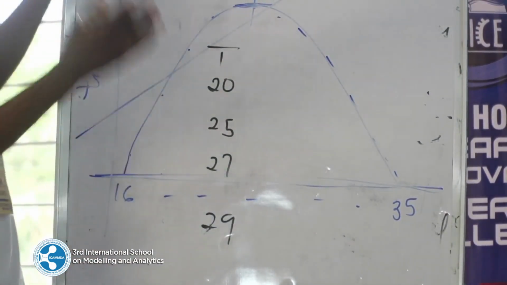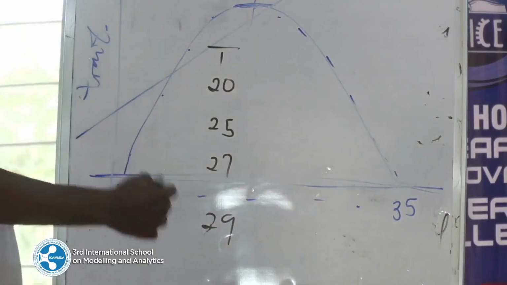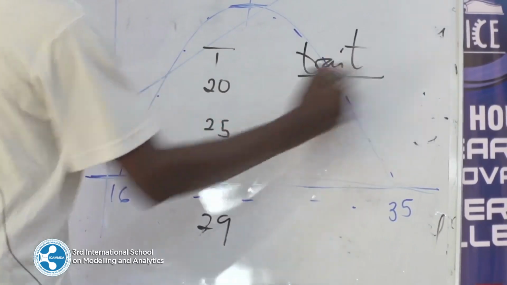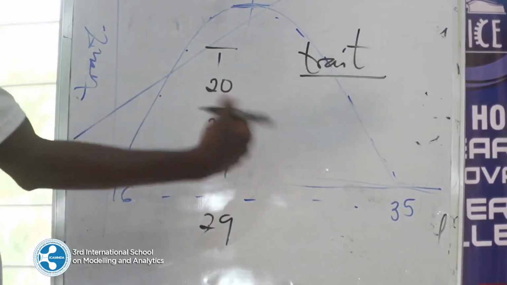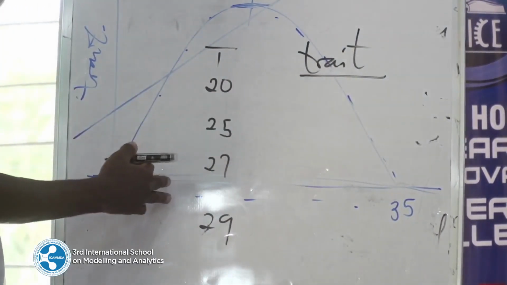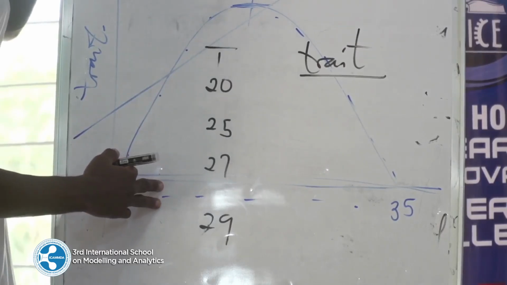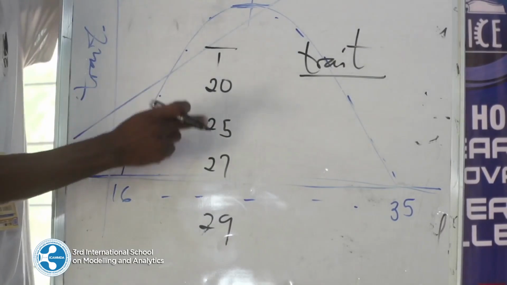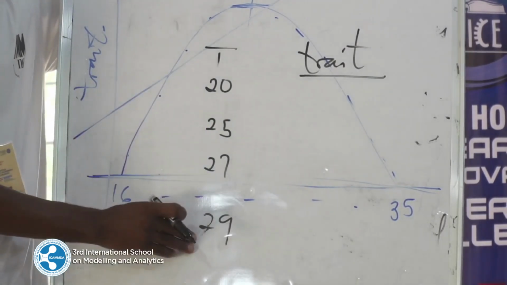Let's just take an instance. Say you have a particular trait that you are trying to consider, and you want to see the relationship between that trait and temperature. But if you look at this very well, we only have data for 20, 25, 27, and 29.